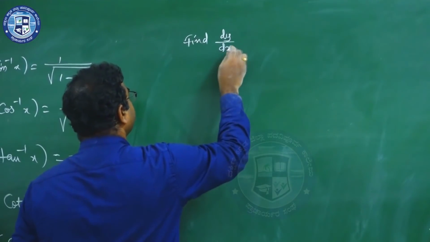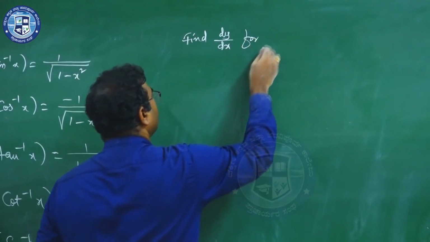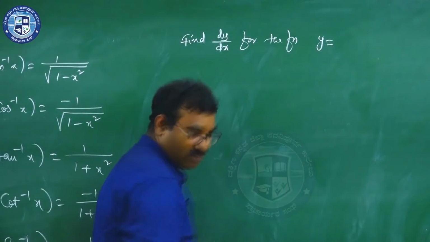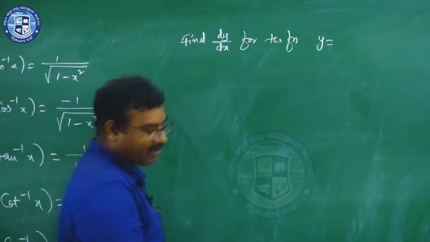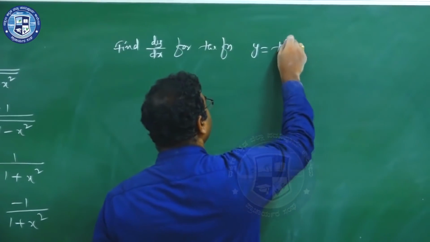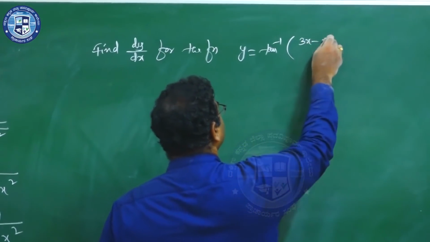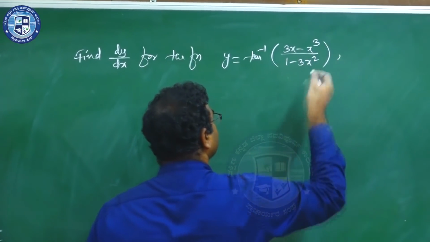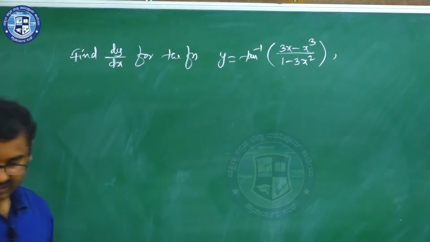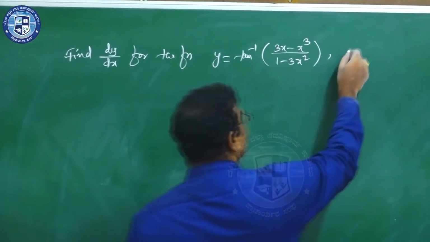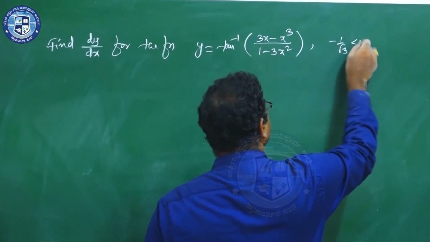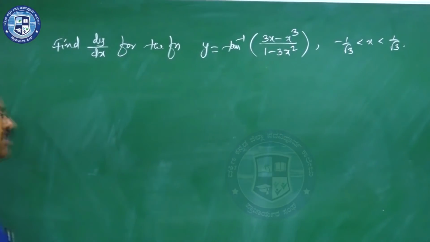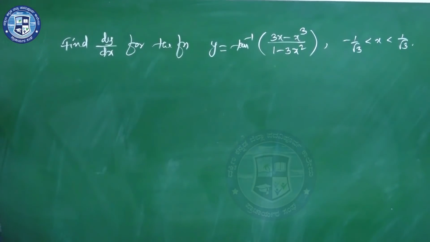Find dy by dx for the function y is equal to tan inverse of 3x minus x cube divided by 1 minus 3x square, with the condition minus 1 by root 3 is less than x less than 1 by root 3. Okay. So we will find out dy by dx for this function.